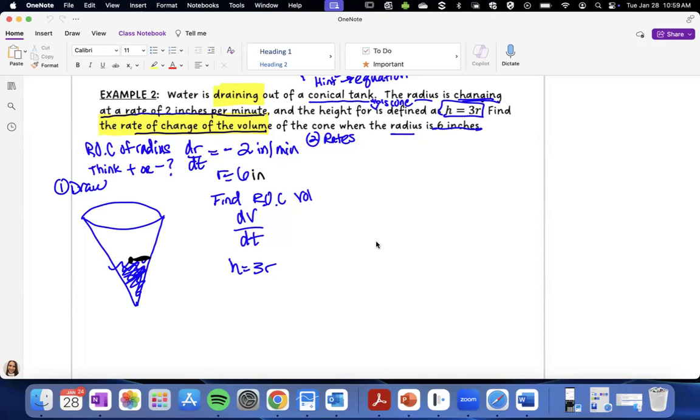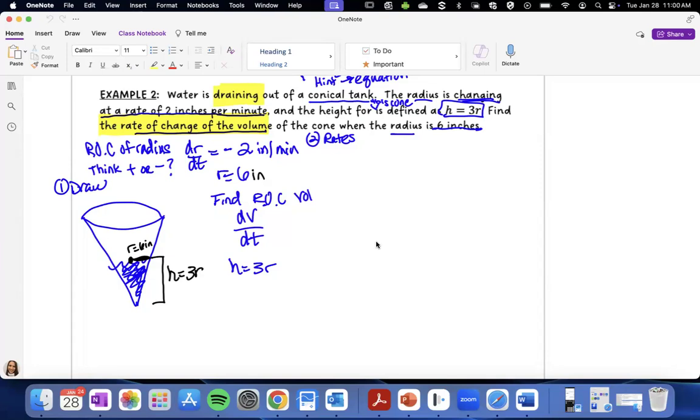I know that my height is 3R. It's really great that it gives you H in terms of R because you're going to have 2 variables in the volume equation for a cone, and so it puts it in terms of 1 variable. That's what it's going to help you with.